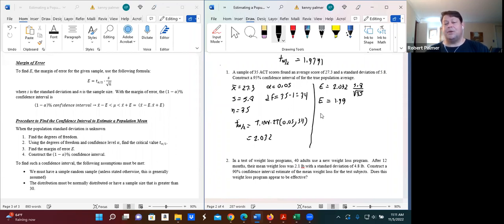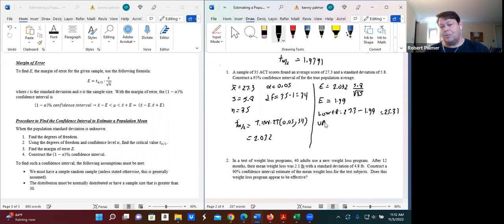Now, for my confidence interval, we need an upper bound and a lower bound. My lower bound is going to be 27.3 minus 1.99, and that's 25.31.